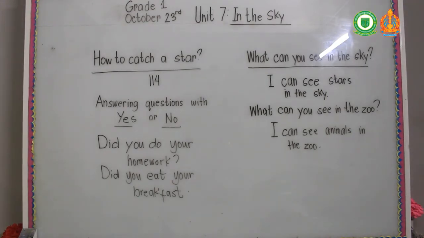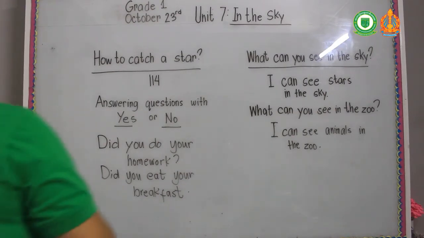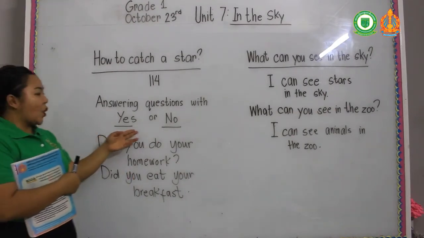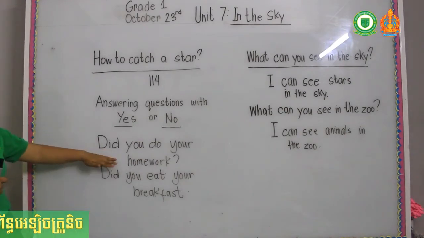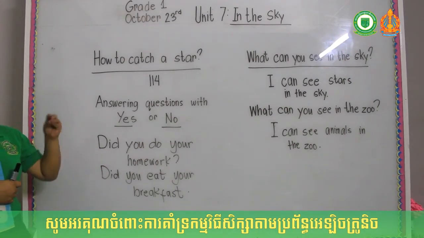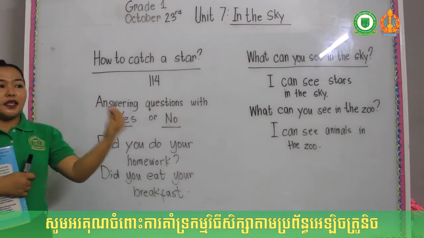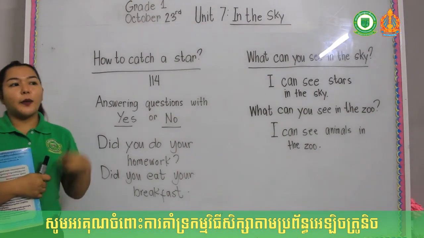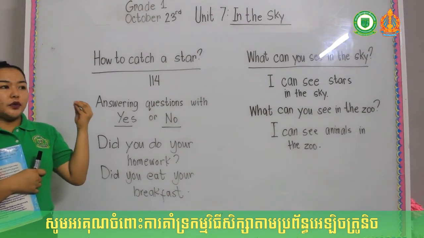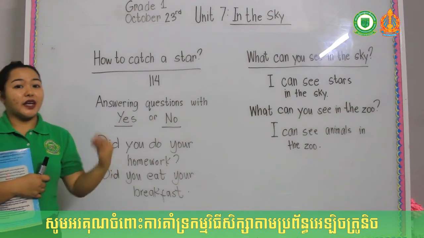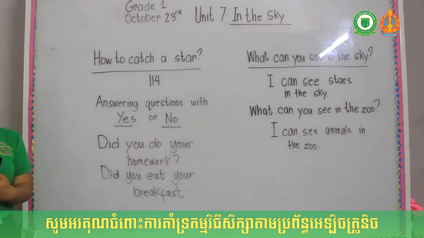So you can say yes or you can say no. Alright? So again, answering questions with yes or no. You have this kind of question that begins with did. Did you eat? Did you play? Did you sleep? Did you take a bath? So you can answer yes or no. Okay? So I'll see you later, kids, for some activity.